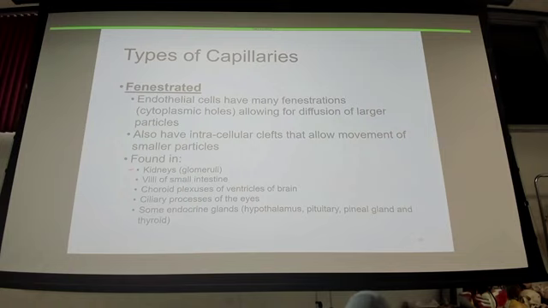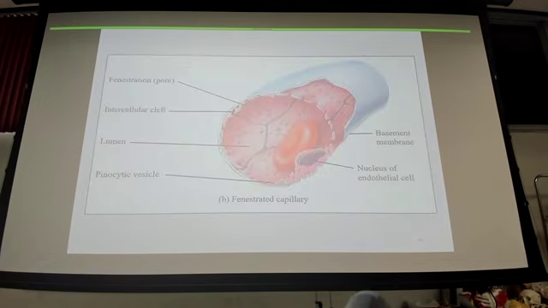The difference in the physiology is the difference in the anatomy, if you will. So fenestration, like I said, bigger holes. They still have those intercellular clefts, but they also have these, like I said, a sieve or a colander.